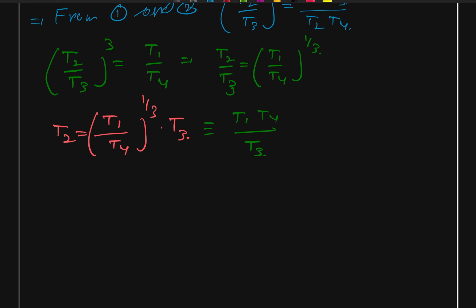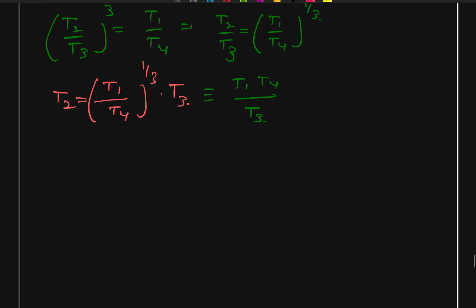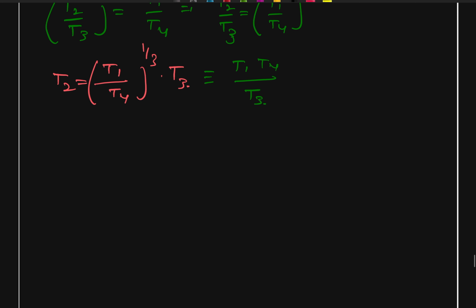And now we simply cross multiply them. So we get T3 square will be equal to, this is our T1, and let me segregate it, T1 divided by T1 whole raised to power 1 by 3 multiplied by T4, and this is multiplied by T4 whole raised to power 1 by 3.